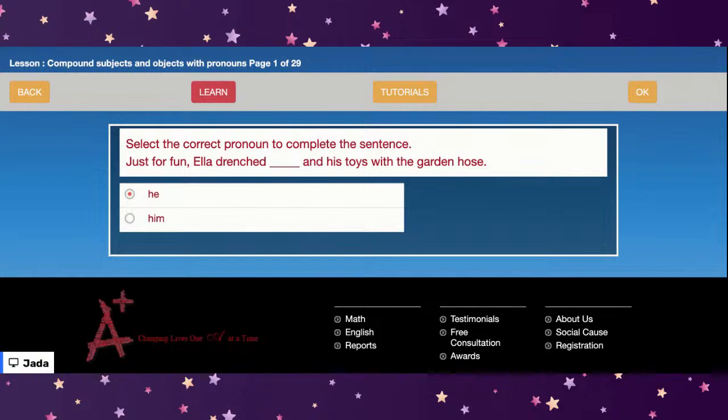What's the suitable answer here? Send in your answers, everybody. So, him: just for fun, Ella drenched him and his toys with the garden hose.